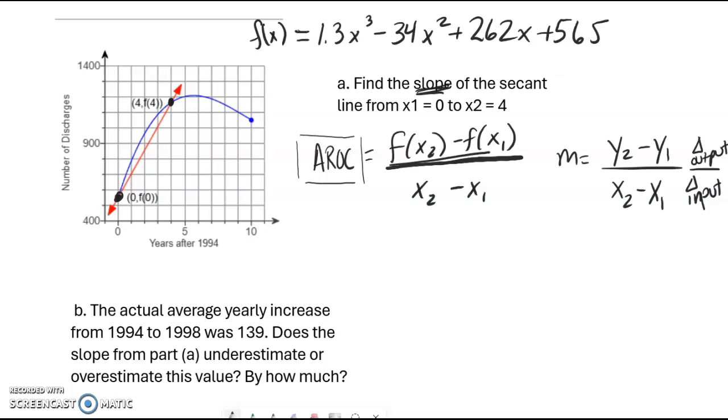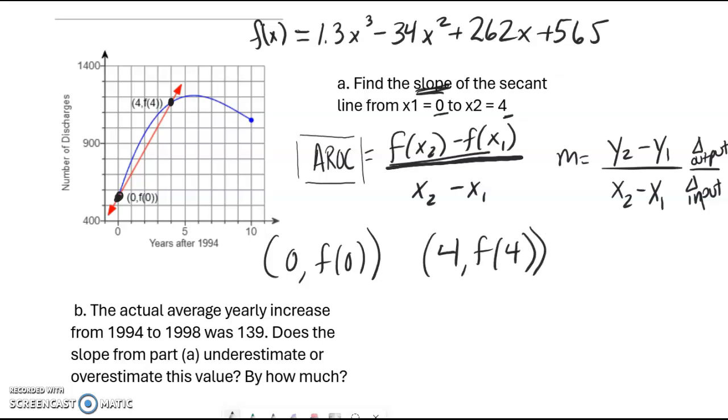So, but they give us the input, 0 and 4. But they don't give us the output. They just say, here's the input of 0, and then evaluate f at 0. And then they say, here's the input of 4, evaluate f at 4. So what we have to do is find what f at 0 is, and find what f at 4 is.